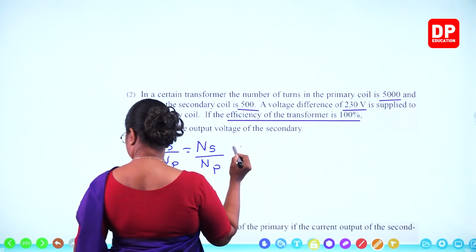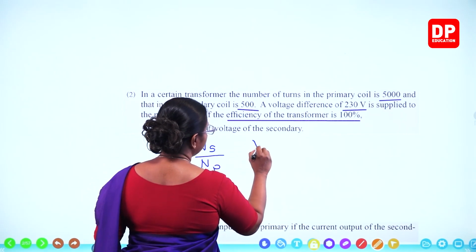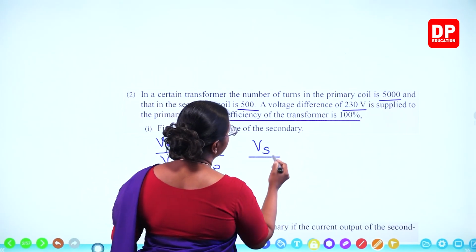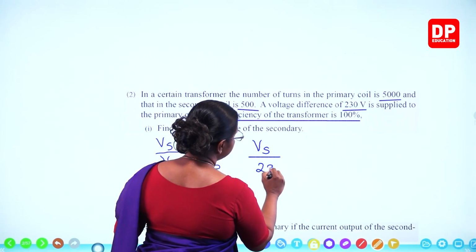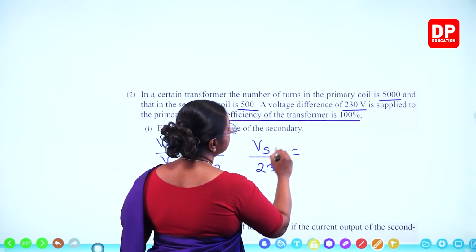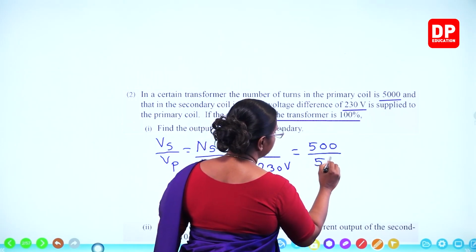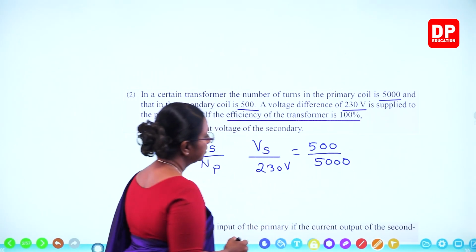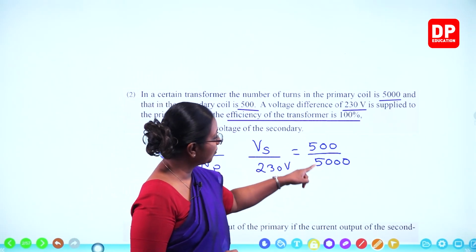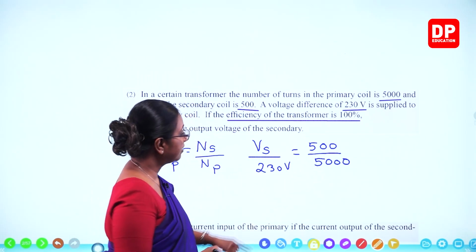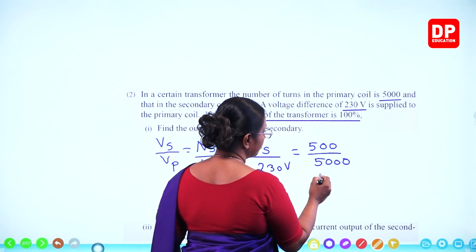So that means V secondary divided by 230 volt is equal to 500 divided by 5000. So here also you can see the ratio 1:10.